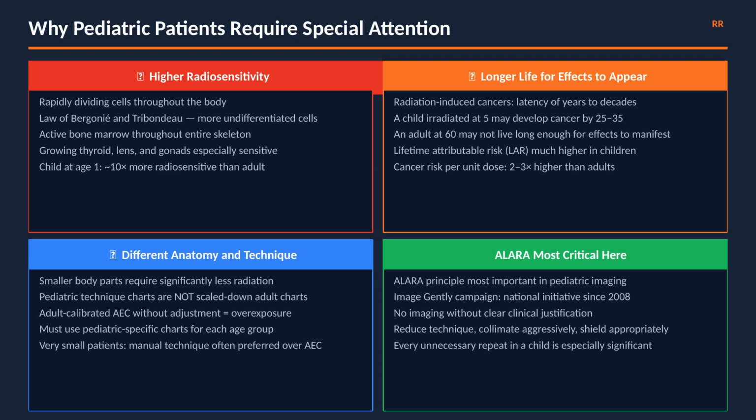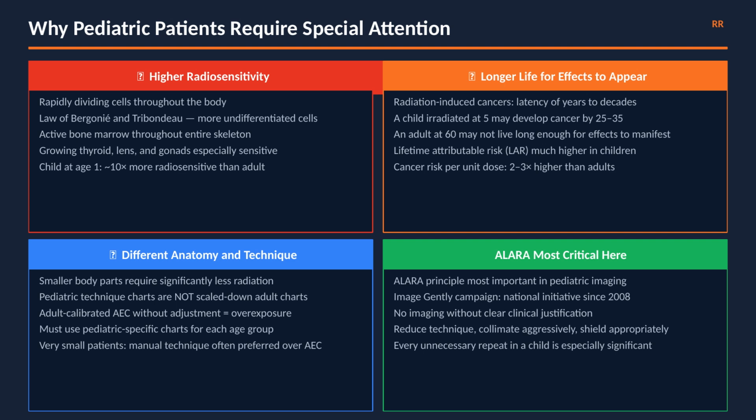Active bone marrow fills the entire skeleton in young children, not just the axial skeleton as in adults. Growing thyroid, lens, and gonads are all especially sensitive. A child at age 1 is approximately 10 times more radiosensitive than an adult. Cancer risk per unit dose is 2 to 3 times higher in children.